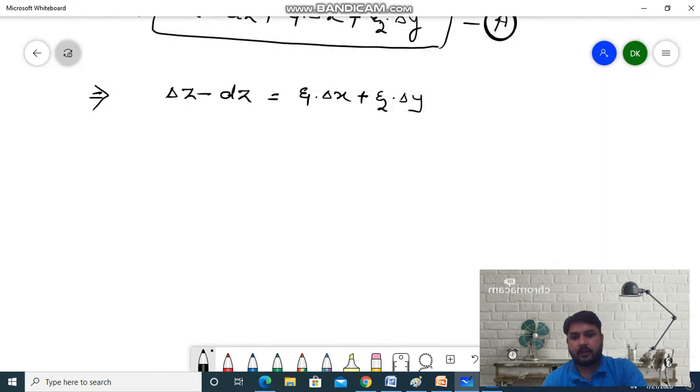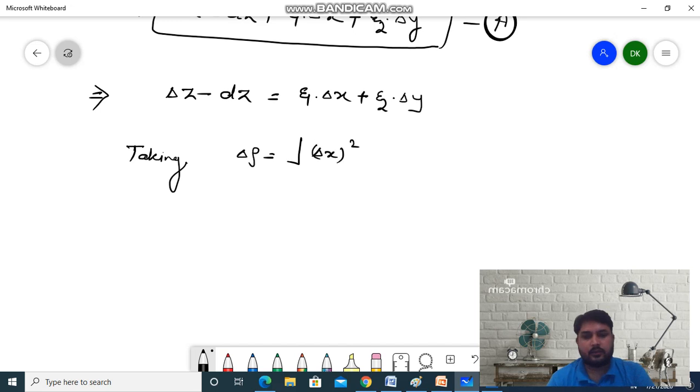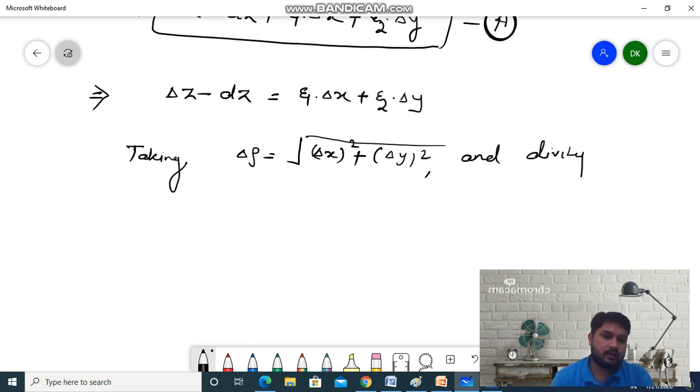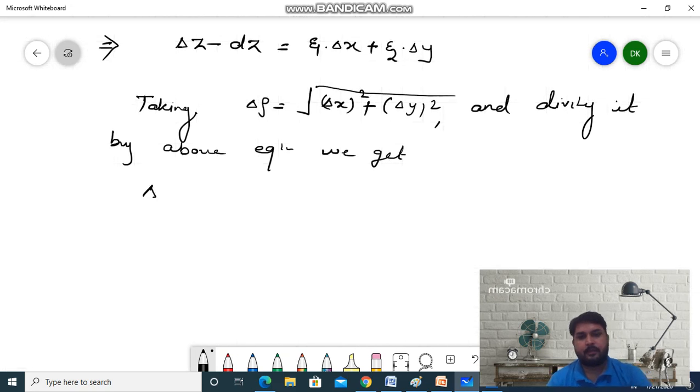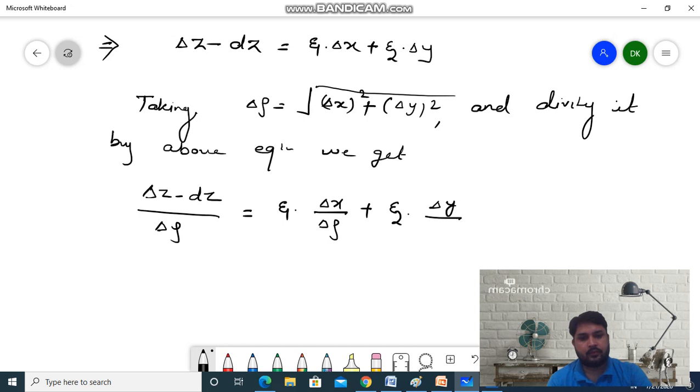Now taking del rho is equal to the square root of del x square plus del y square and dividing the above equation by it, we get del z minus dz whole upon del rho is equal to epsilon 1 into del x upon del rho plus epsilon 2 into del y upon del rho.